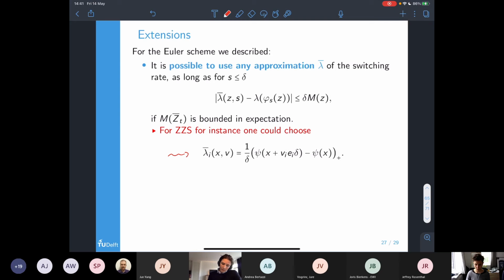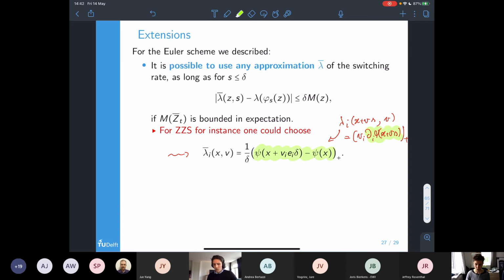Let's remember that the true switching rates along the flow would be given by this formula. So we have VI. What we can do is simply approximate the partial derivative of psi with a finite difference scheme.